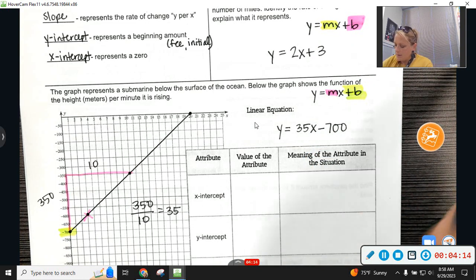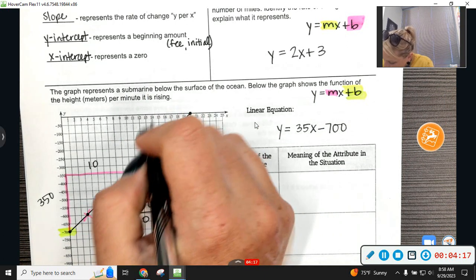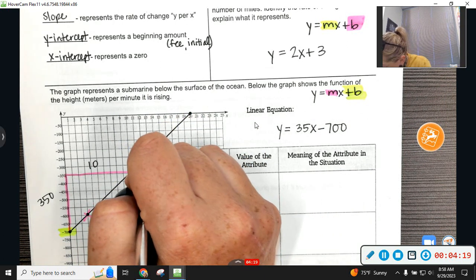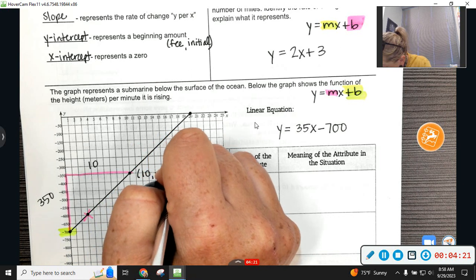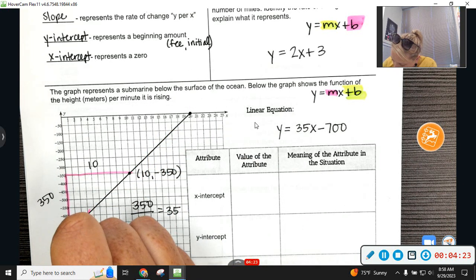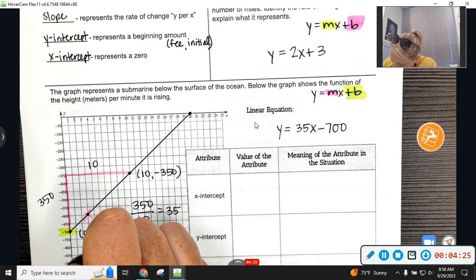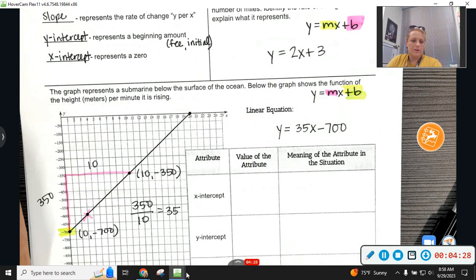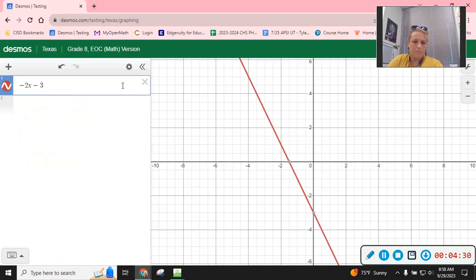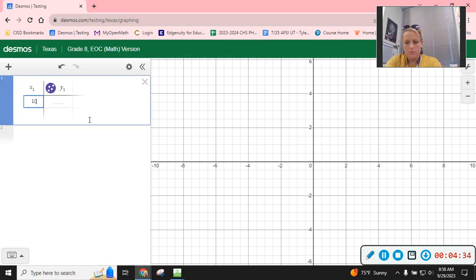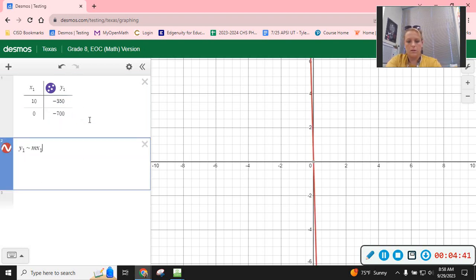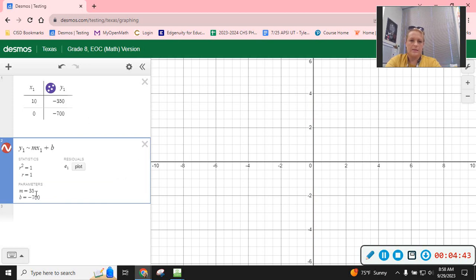Another option to get that point, you could have used points and put the points into a table in Desmos and did y1 squiggle. So I'm going to show you that just to review it one more time. We're going to put these 2 points into a table. Type that, and I get that 35 and then the negative 700.